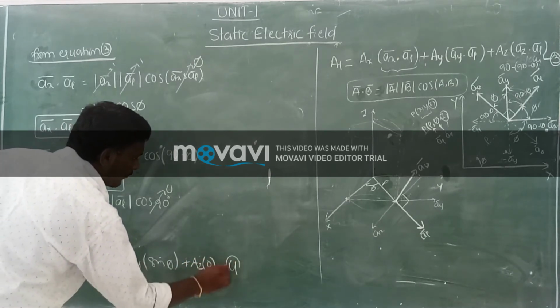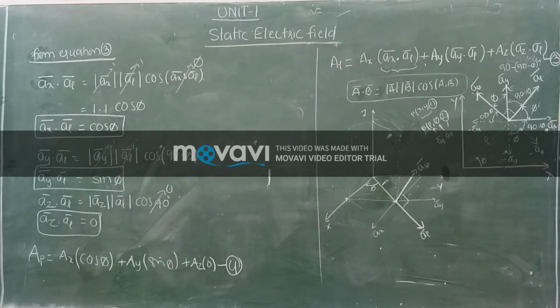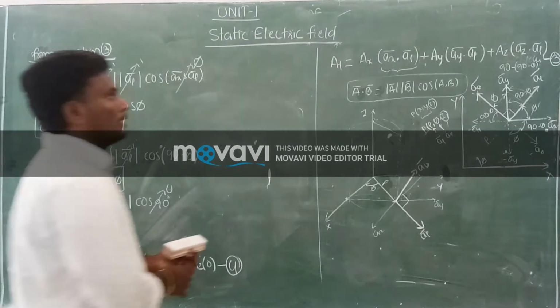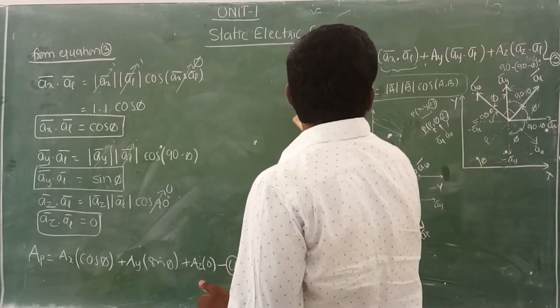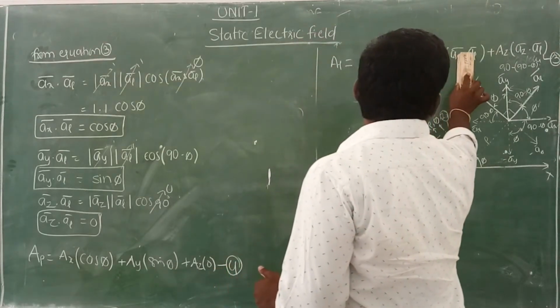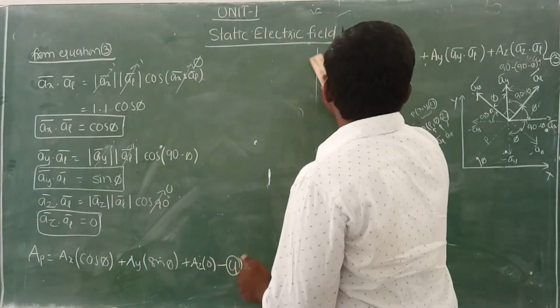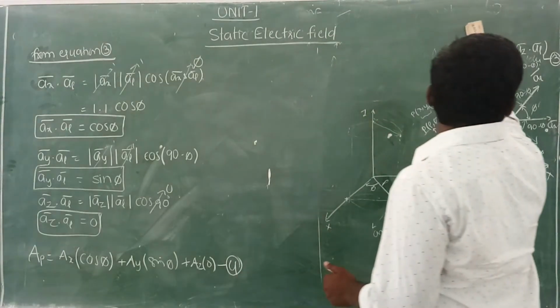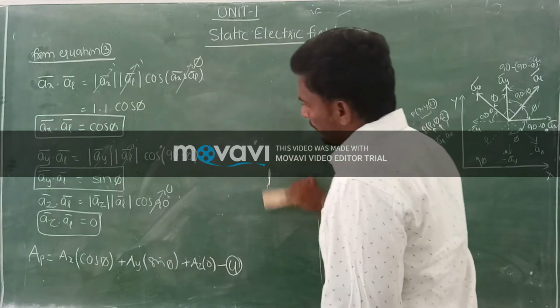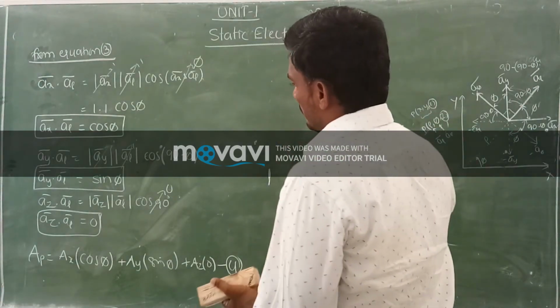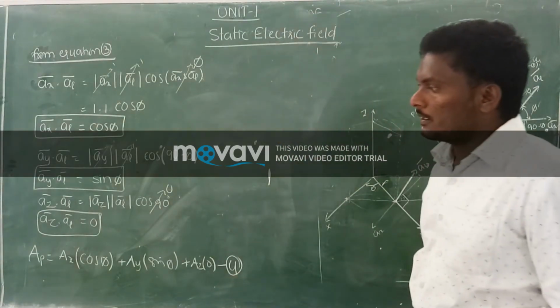Consider it equation number 4. Remember equation number 4. So now I have calculated A_rho, which is the first coordinate in our cylindrical coordinate system.